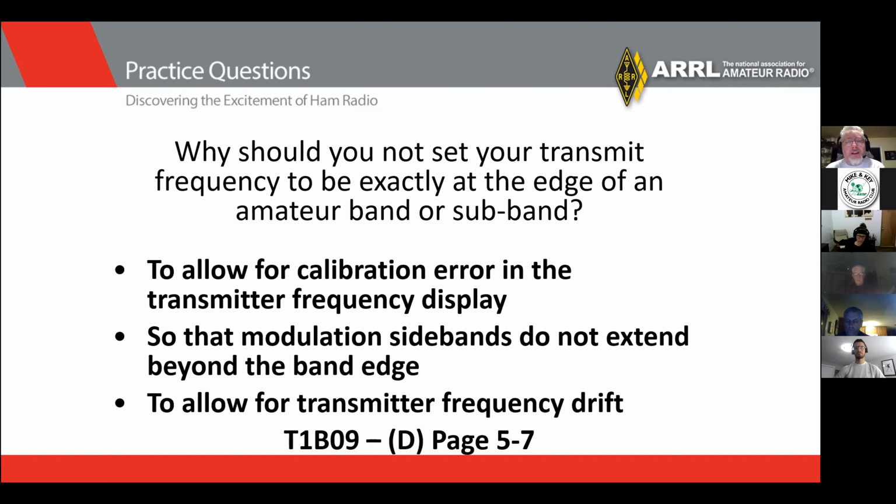You don't want to set yourself at the edge of a band because there may be differences in the calibration of the transmitter frequency display, or the modulation sidebands may extend beyond the band edge, and to allow for transmitter frequency drift.